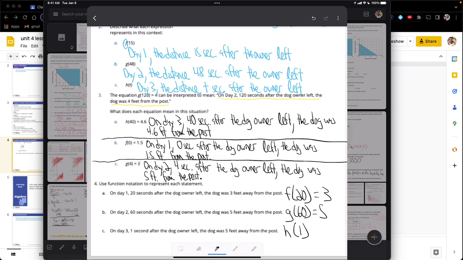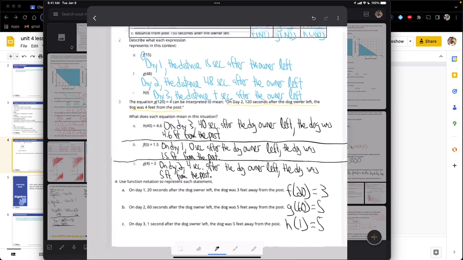So this will be H of 1. 1 goes in the parentheses. 1 is the input. The dog was 5 feet away from the post. So H of 1 equals 5.